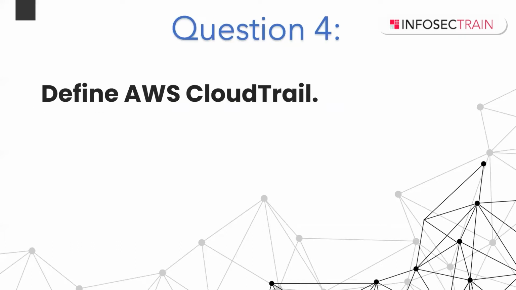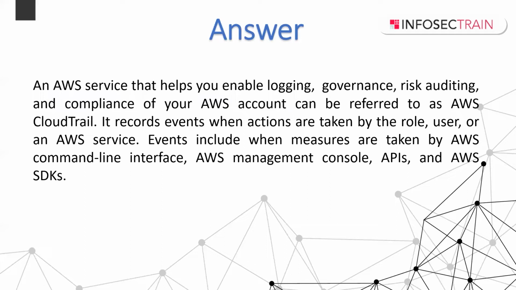Moving on to the next question. Define AWS CloudTrail. Now team, if we talk about CloudTrail, it is an AWS service that helps you enable logging, governance, risk auditing, and compliance of your AWS account.